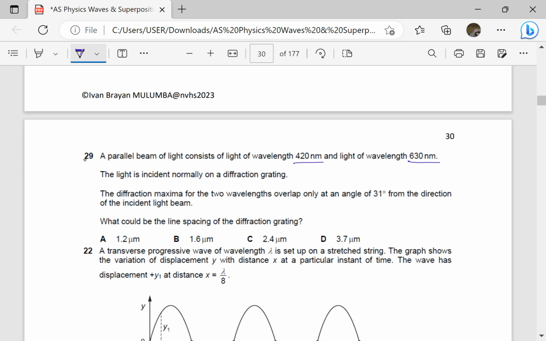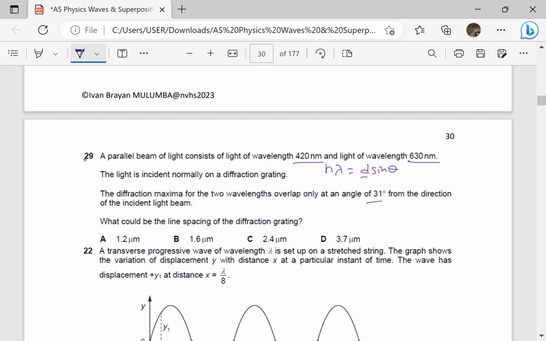So we know that for a diffraction grating, n lambda is equal to d sine theta. Because they overlap at 31 degrees, what could be the line spacing? That is what is d.